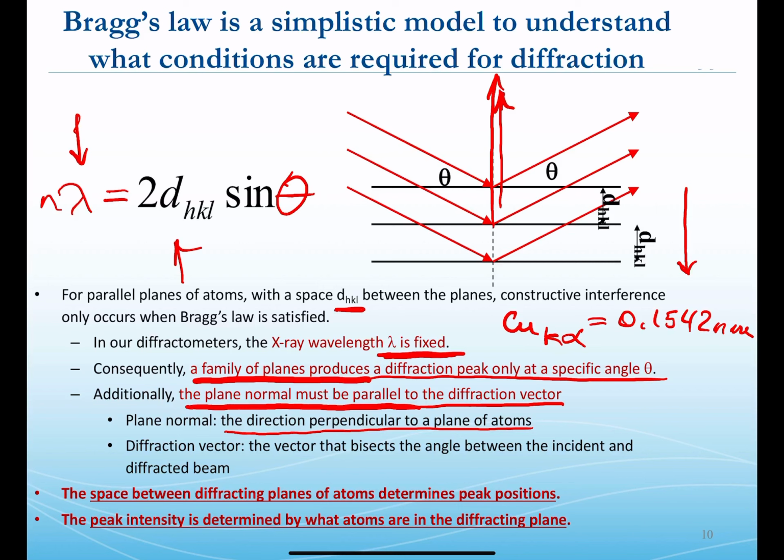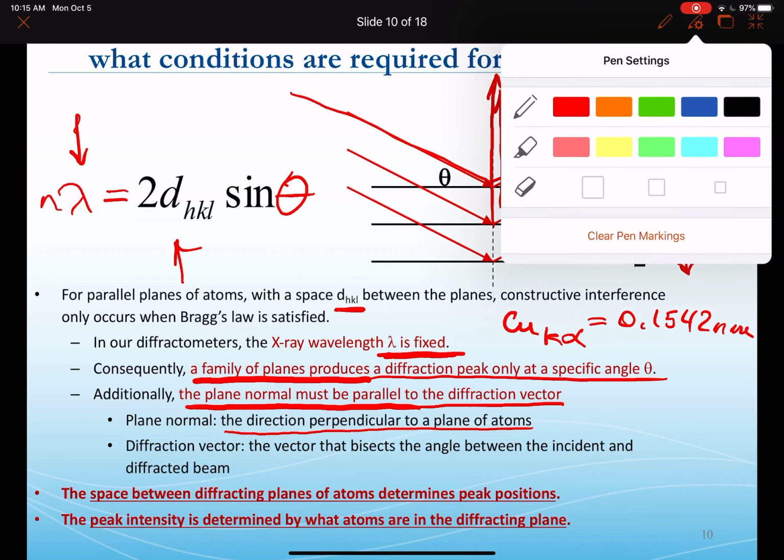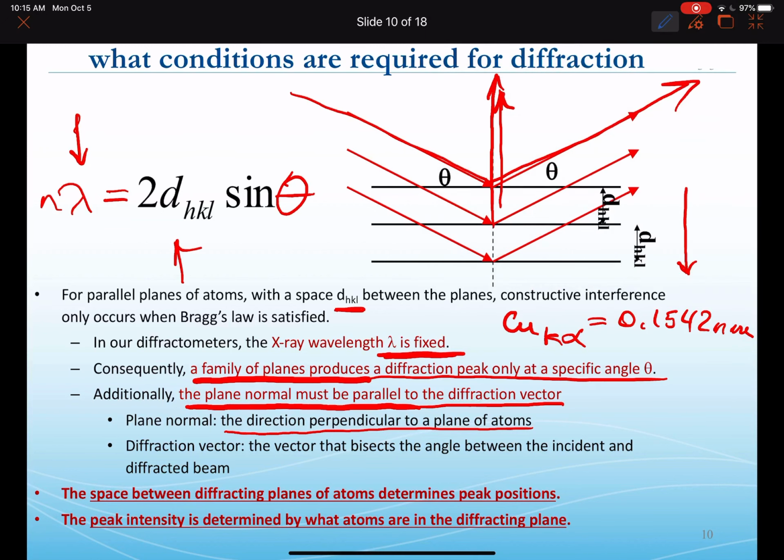Okay, so those two must be parallel, of course. If they're not, if the angle of incidence and our lattice was not as shown, but on an angle, so I'll try to draw those black lines here now like this, you can see that the plane normal is not parallel to the diffraction vector.